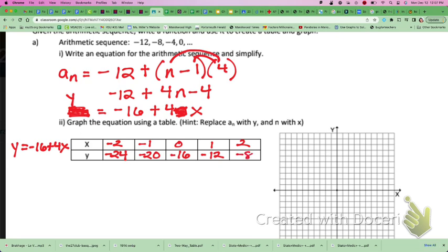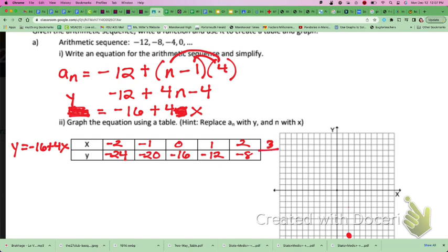Do any of these fall on my graph? 2, negative 8 definitely does, doesn't it? Can you get 2, negative 8 on there? I mean, 1, 2, 3, 4, 5, 6, 7, 8. So can I get another point? What if we plug in 3?